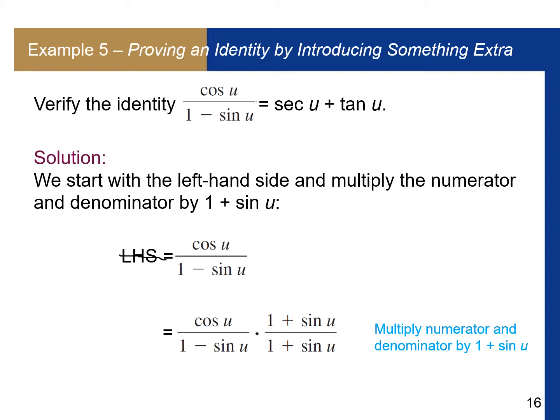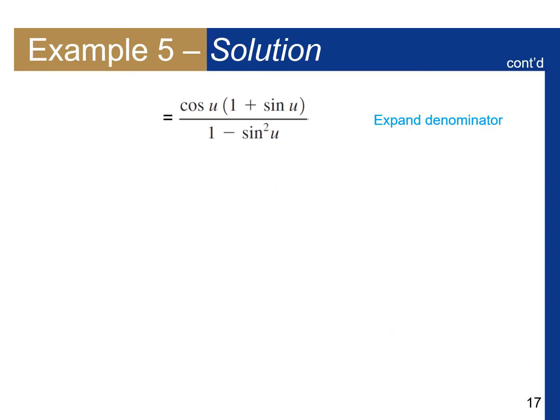So if I see something like this, I can use this strategy to simplify and get 1 minus sine squared on the bottom. So now I have 1 minus sine squared on the bottom, and guess what? 1 minus sine squared is going to equal cosine squared, so now I can substitute in that.